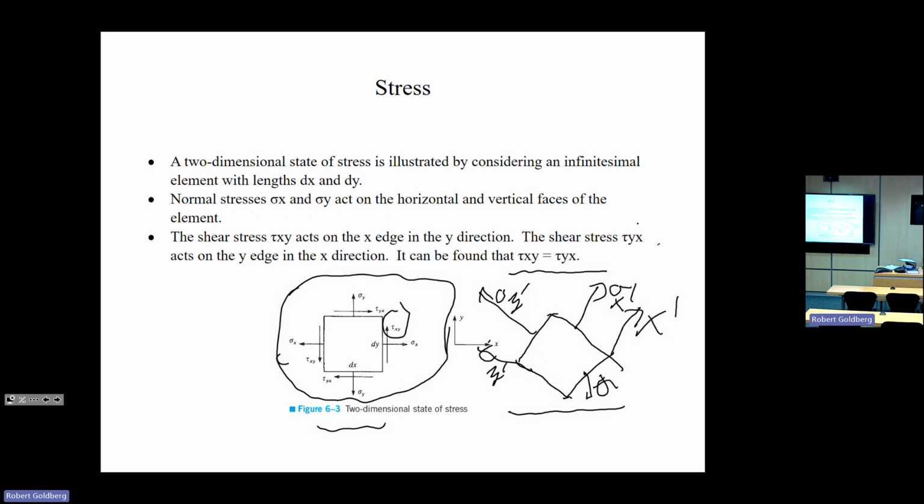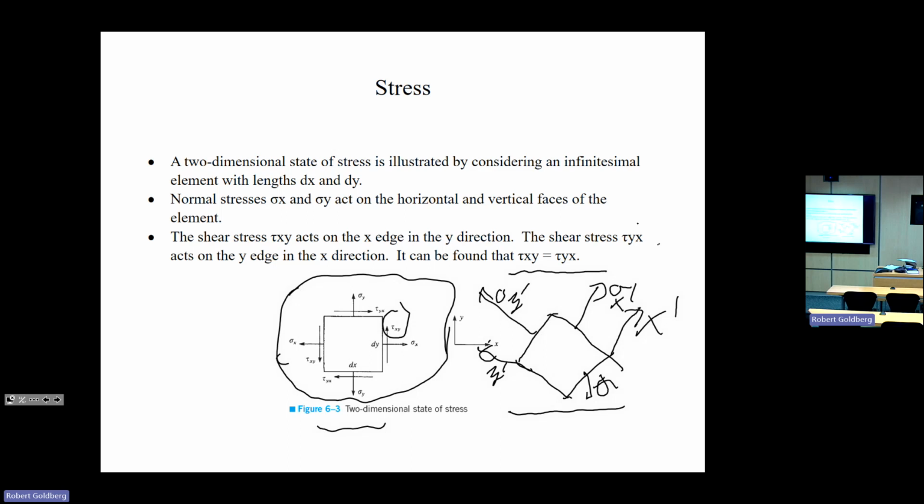Particularly if you're comparing to strains, a lot of times in the principal stress state, if you're looking to see if a structure has failed or not, because you're just dealing with the normal stresses, that's a good way to determine if a structure has yielded or failed at a particular point.